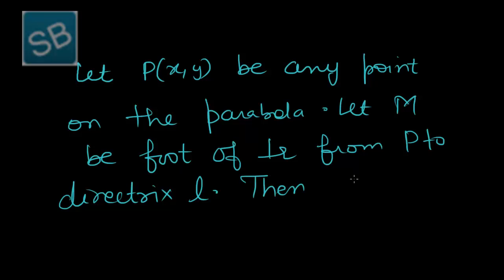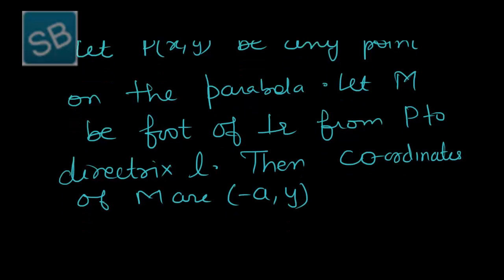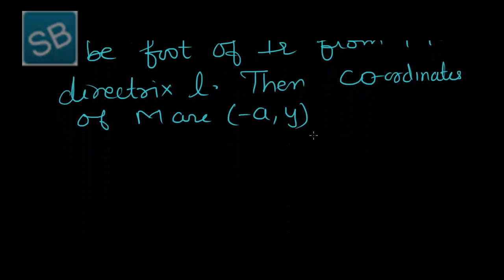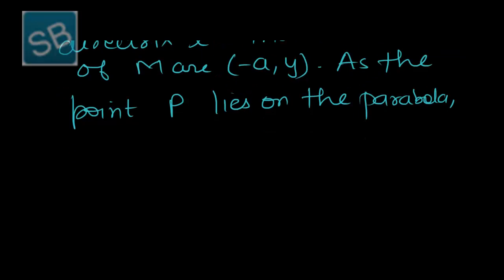Then the coordinates of M are (-a, y), as the equation of directrix is x equal to minus a, that is fixed, where y is the height. So as the point P lies on the parabola, therefore by definition of parabola, that is eccentricity, SP is equal to PM.